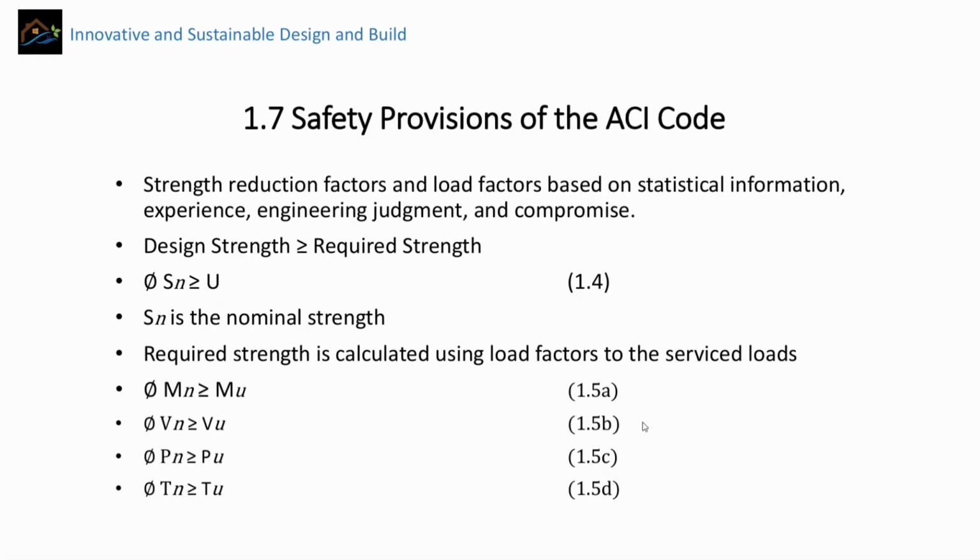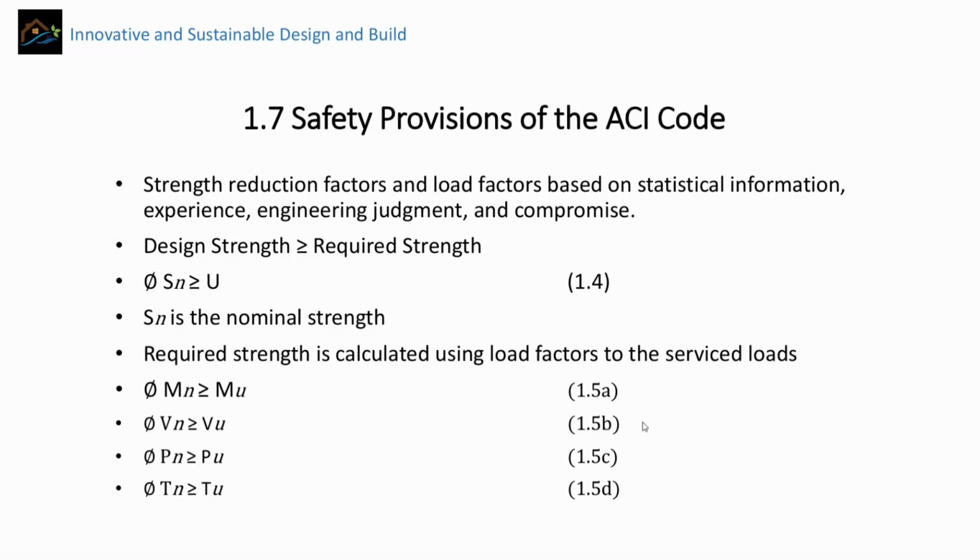The safety provisions of the ACI code are strength reduction factors and load factors based on statistical information, experience, and engineering judgment. And these are basically saying that the design strength should always be equal to or greater than the required strength.